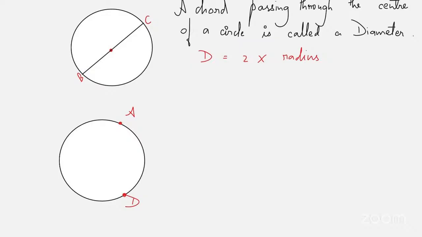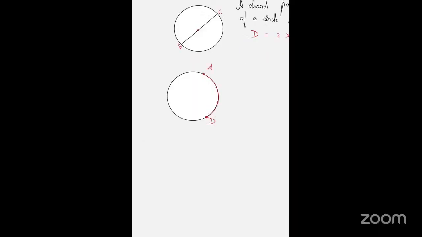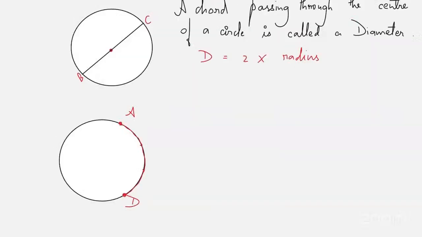Then I will count this part of the circumference from A to D. It is called an arc. This part of the circumference from A to D is called an arc.